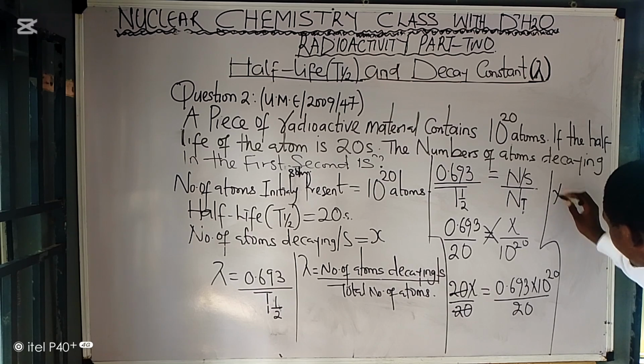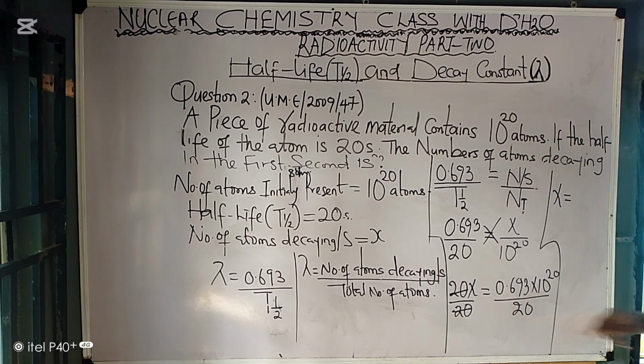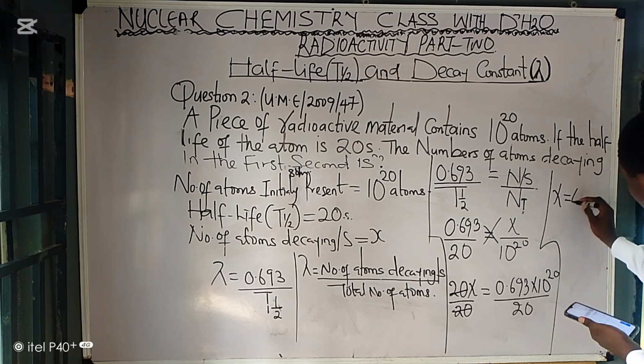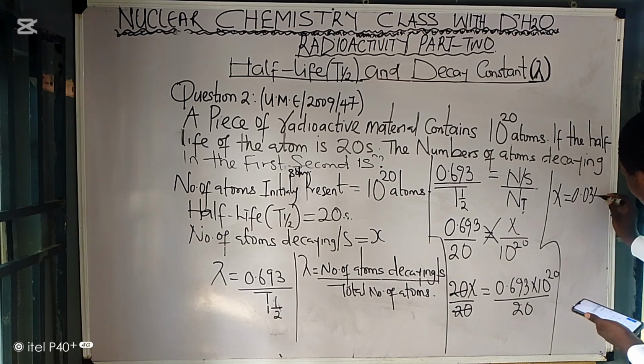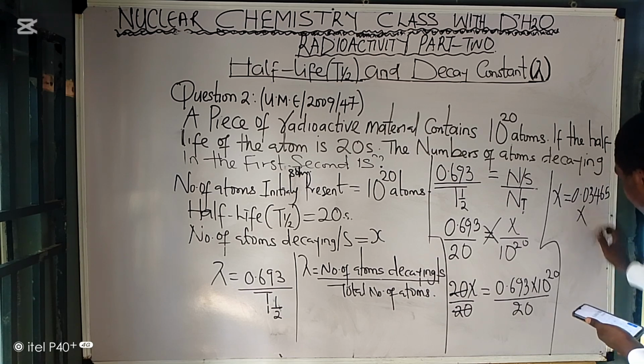What do we have left? We have x equals 0.693 divided by 20, which gives 0.03465, times 10 raised to the power of 20.